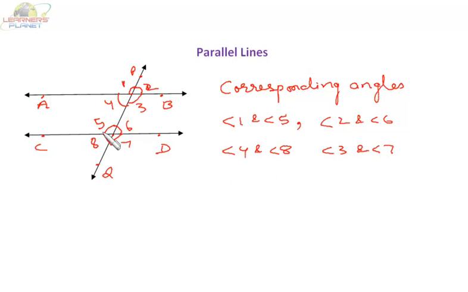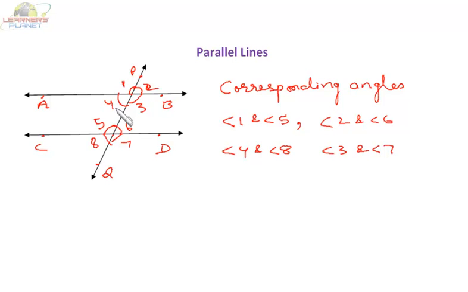Angle 5 and angle 1 are both lying on the same side of the parallel lines. In this case they are lying on the upper side. Similarly, angle 2 and 6 are also on the same side of the parallel lines. Angle 4 and 8 are both on the same side, below the parallel lines. Similarly, angle 3 and 7 are both on the same side and lying below the parallel lines. So we call them pairs of corresponding angles.